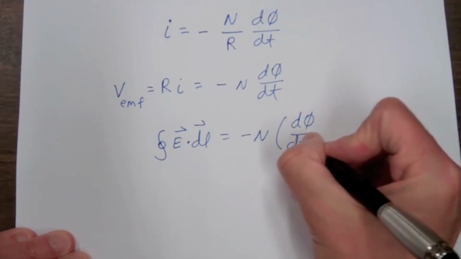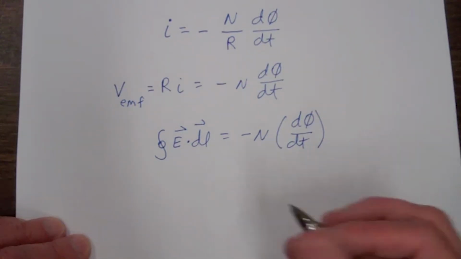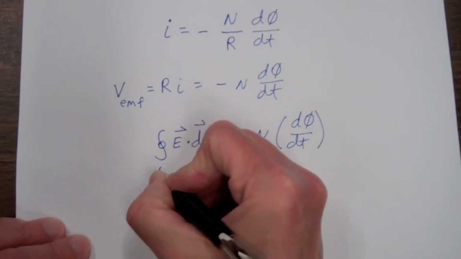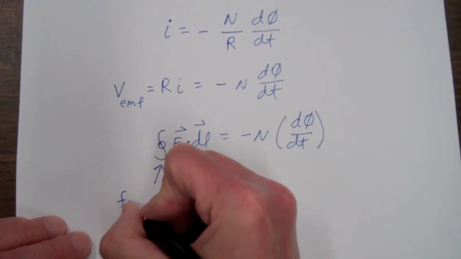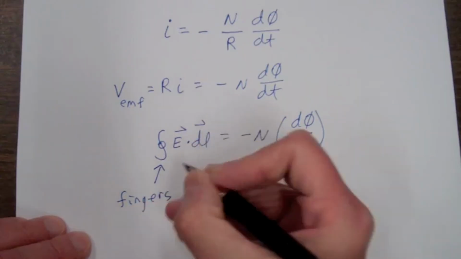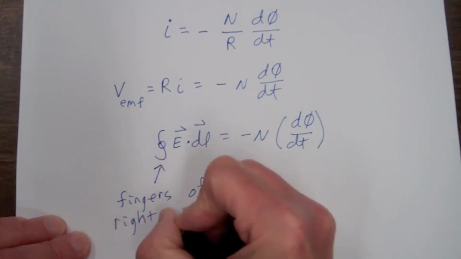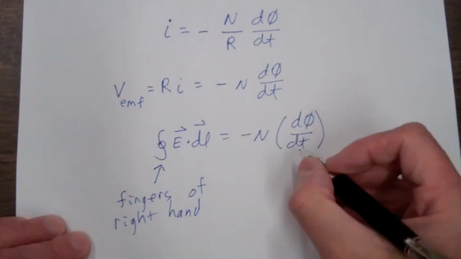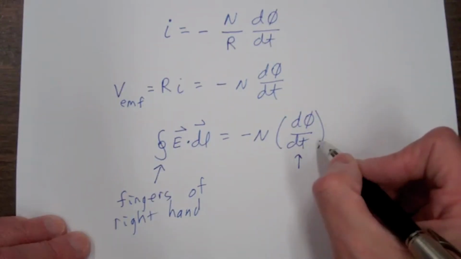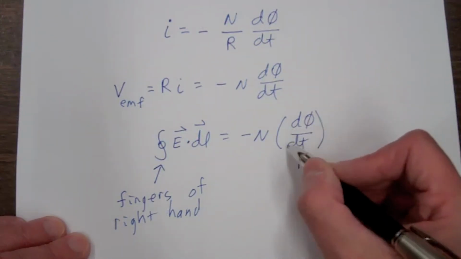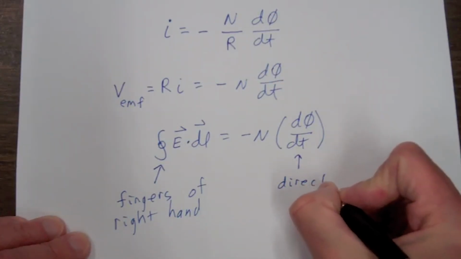And the way to apply this equation is that if you take this closed path integral and place the fingers of your right hand in the direction of the integral, then this change in flux with respect to time, in parentheses here, is in the direction of your right thumb.